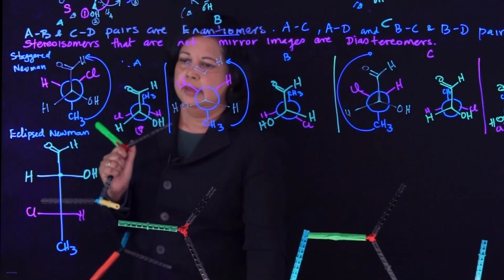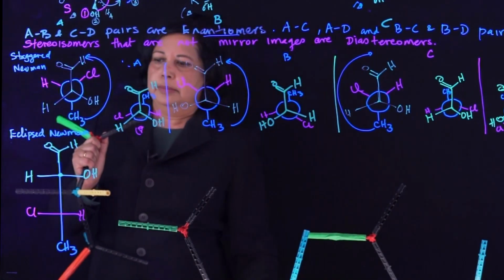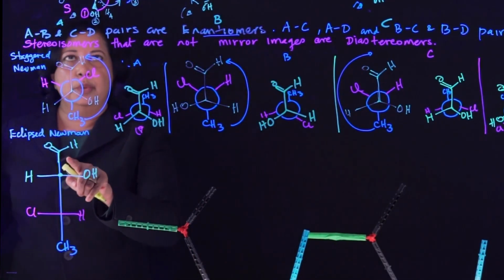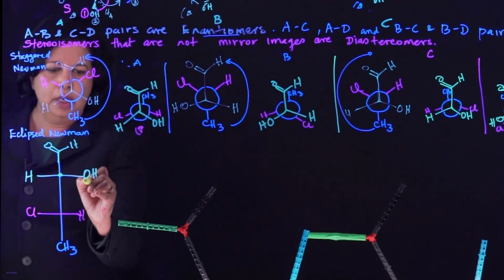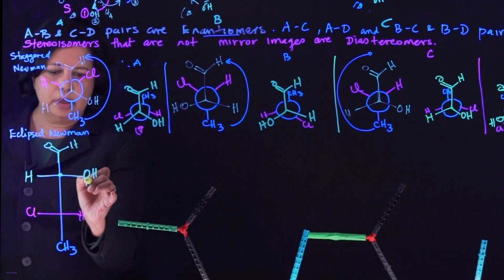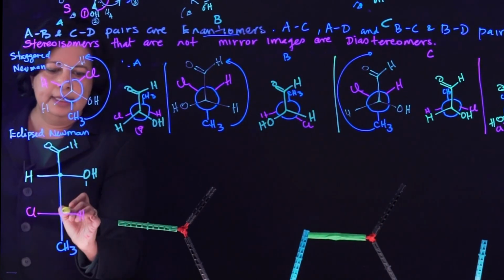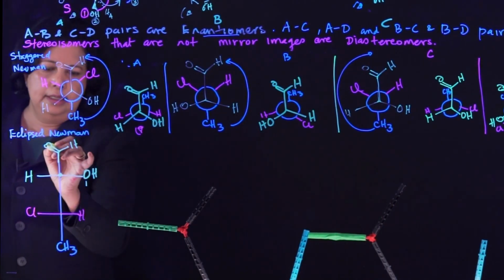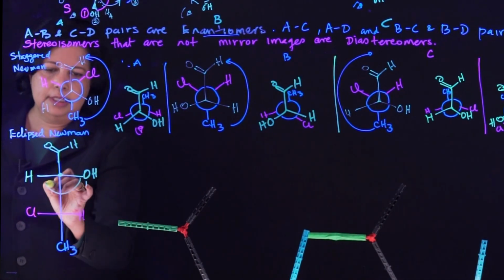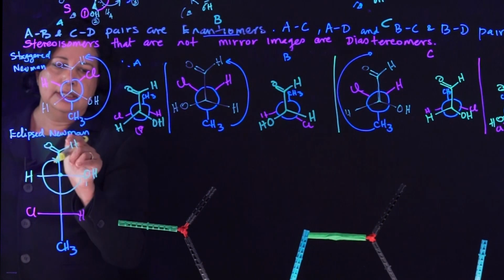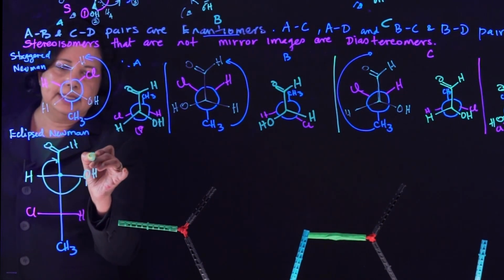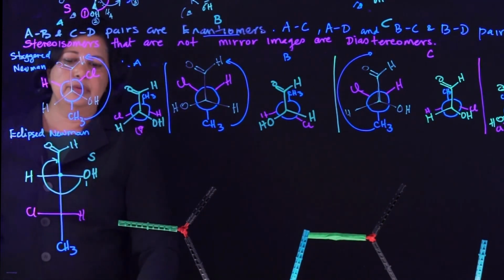All right. So this is another way to check if you did this right. Let's go 1, and then this is oxygen, this is a carbon, this is chlorine, this is oxygen. So this is going to be, with the hydrogen out, this is going to be S. So we did get that right.